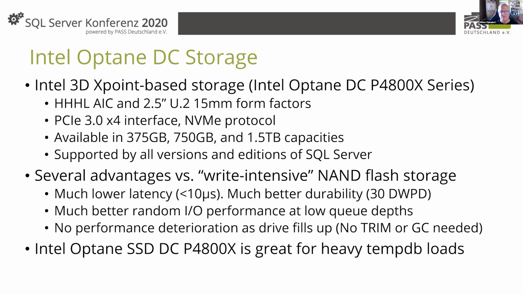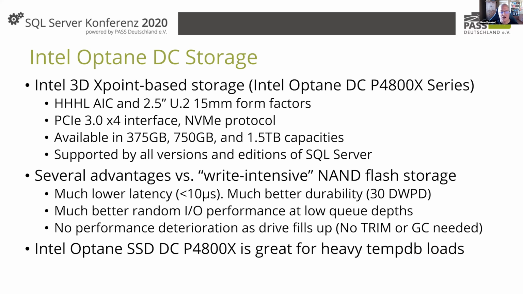Here's a little bit more information about that. It fits in a PCIe expansion slot, and it needs to be PCIe 3.0 with 4 lanes, and it's NVMe storage. There are 3 different capacities. The lowest capacity, 375 gigabytes, is about $1,000. That's more expensive than most flash storage, but it's amazing how much better it performs. The latency is an order of magnitude lower.